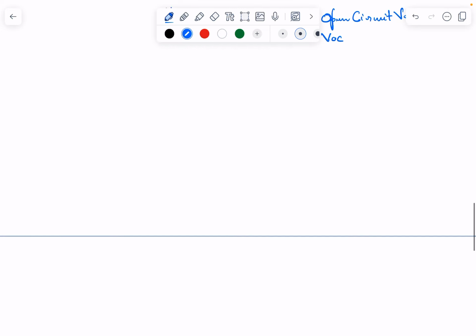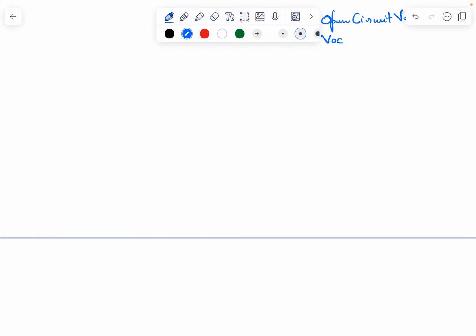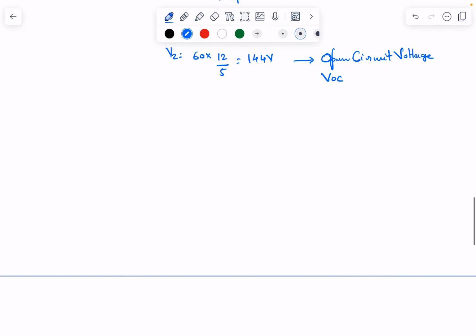Now we need to calculate the short circuit current. We know that ISC can be calculated when V2 is equal to 0, and we need to find the value of I2.